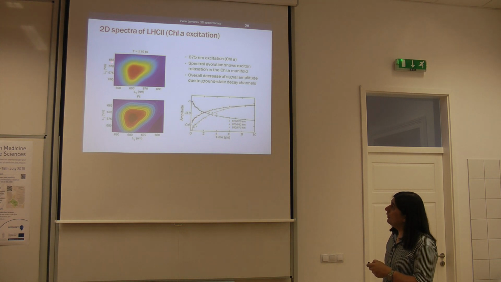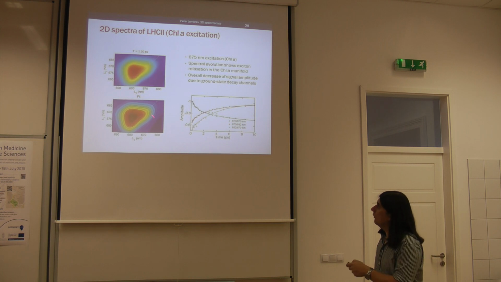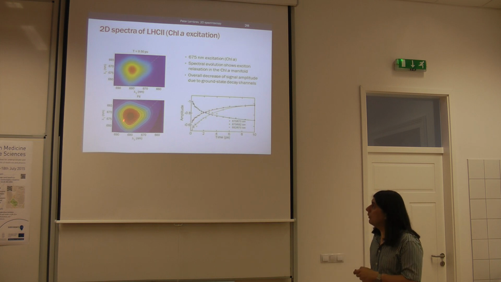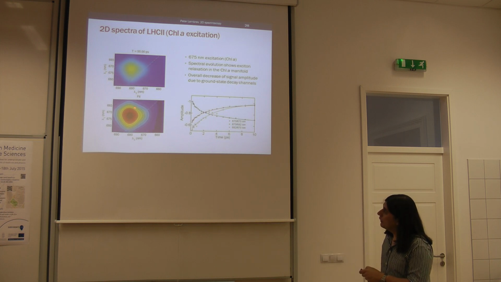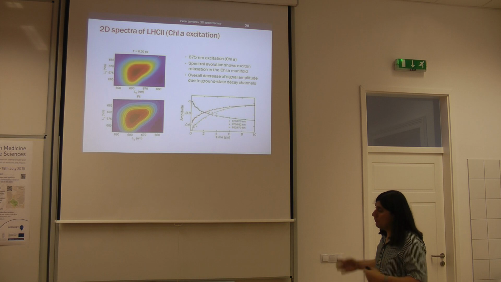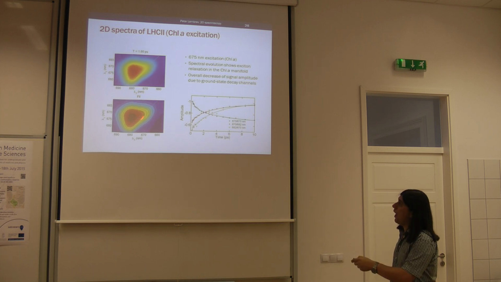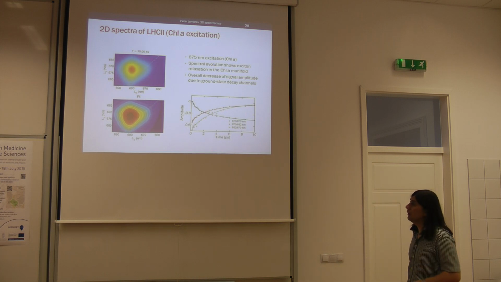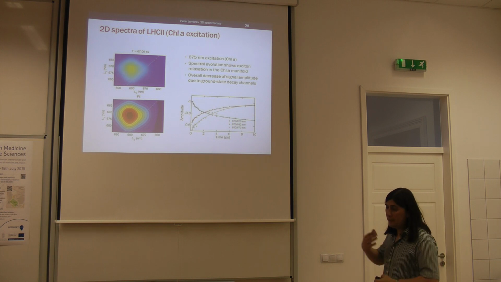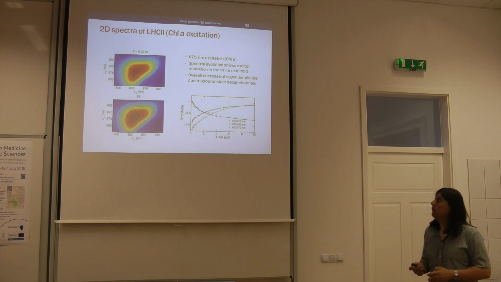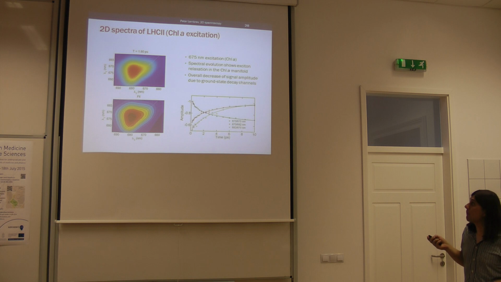But here we can see very nicely the spectral evolution. This is the raw signal, this is fitted by global analysis, and you can see that the spectrum evolves in time from this diagonal shape, it becomes a circle, as the energy is equilibrated between different chlorophyll A's.